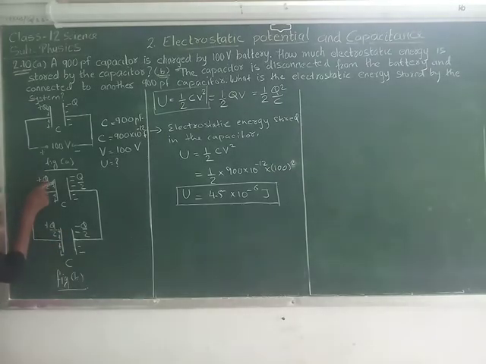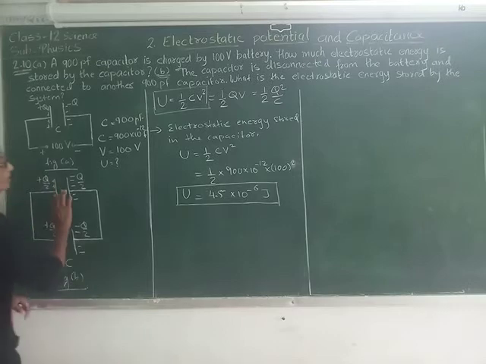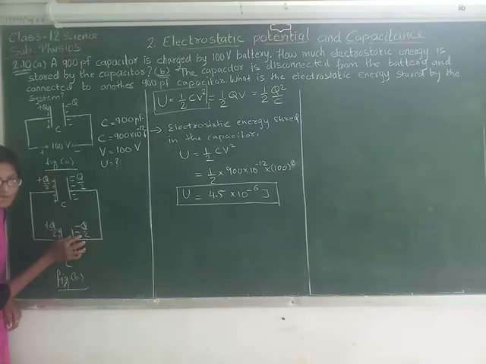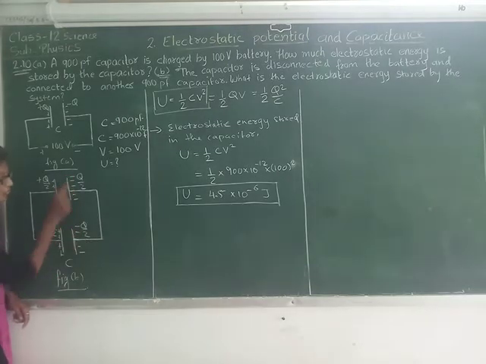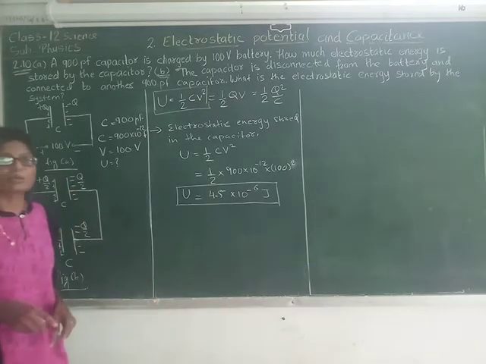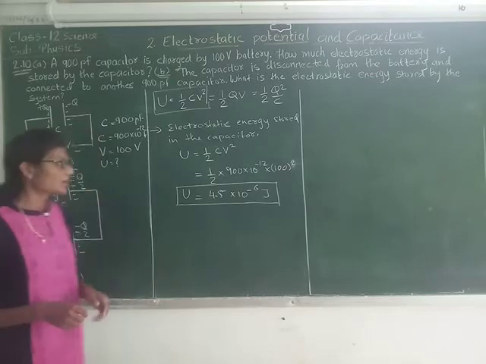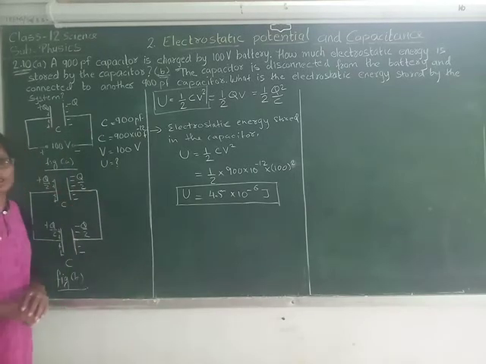So the positive plate of each will have plus Q by 2, and in the same way the minus Q charge also gets distributed, so both negative plates will have minus Q by 2. This is how charges get distributed.